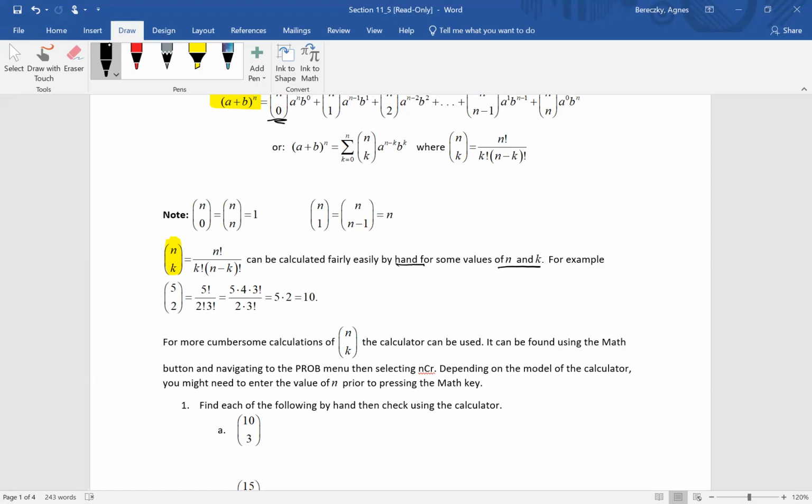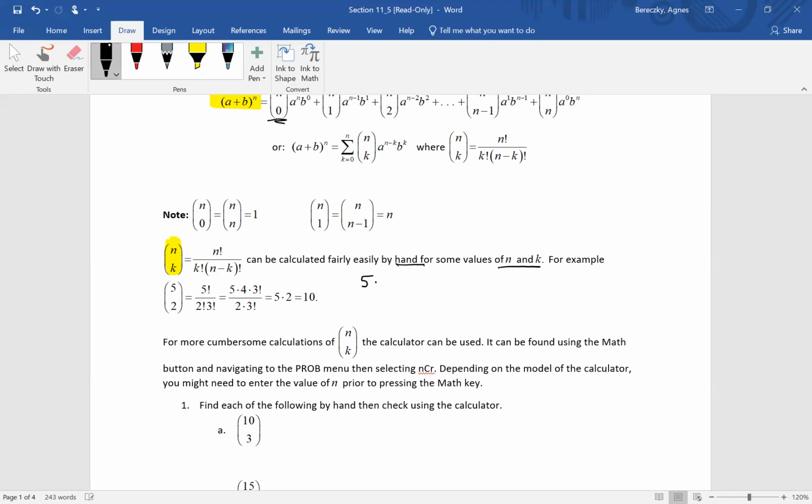So for example, 5 choose 2 represents 5 factorial over 2 factorial times (5 minus 2), which is 3 factorial.